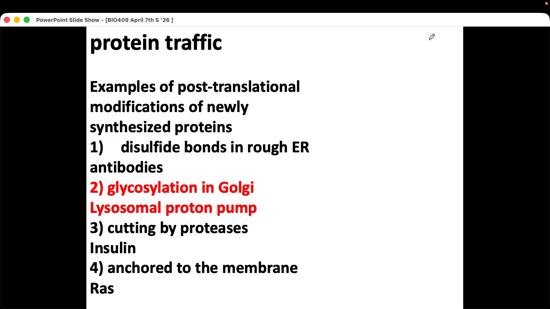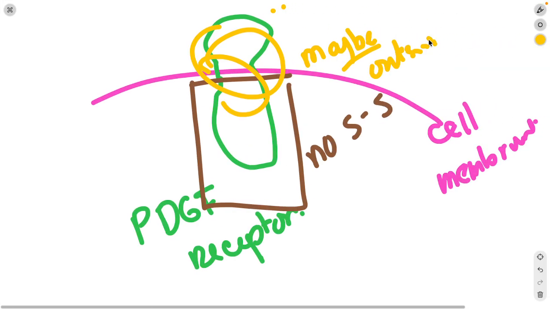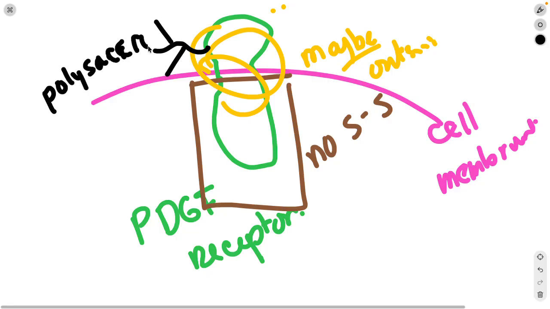You might have learned about that a little bit before, but the result is a glycoprotein, so let's draw that out. For some of our receptors that we've talked about, they actually have glycosylation, and the glycosylation would be here. That would be a polysaccharide made up of long chains of monosaccharide sugars, and this was added by glycosylation, which occurred in the Golgi.